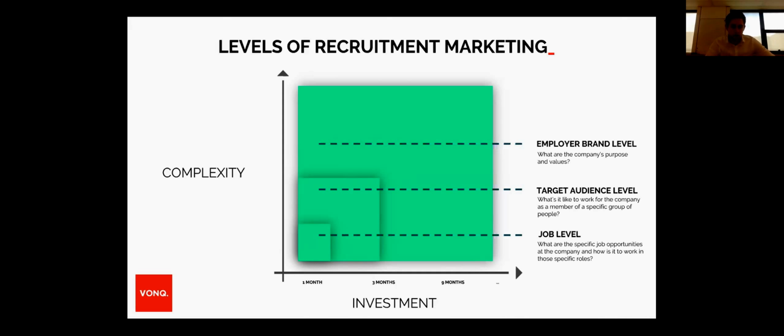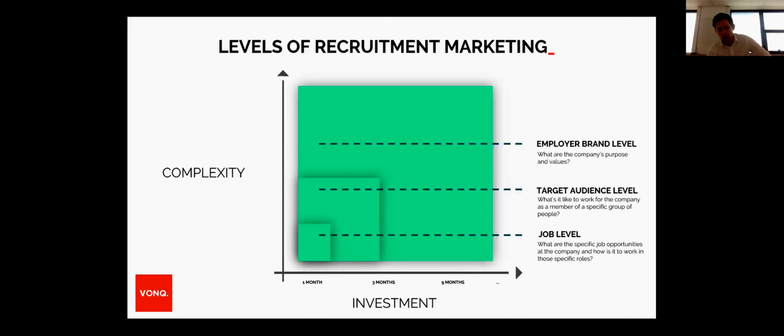On the left axis, we have complexity. So this is the complexity of the challenge. You can see this as, for instance, the number of hires you're looking to achieve, the specific audiences you're trying to attract, and the number of regions you're hiring in. On the bottom axis, we've got investment.